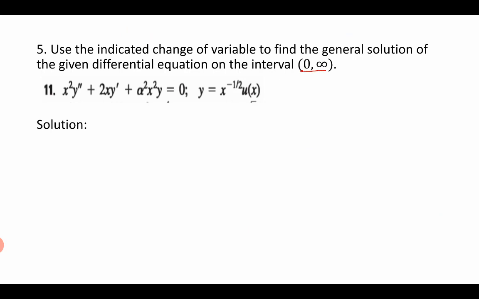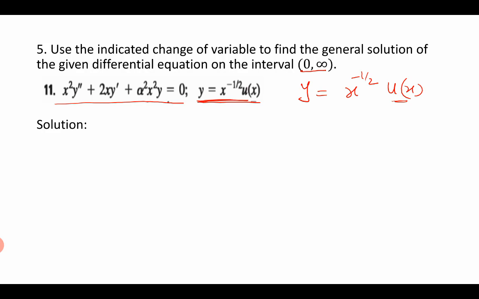We have to substitute y is equal to x to the power negative half u of x. Convert this differential equation into any of the known forms of Bessel's differential equation and write a general solution, isn't it? So we have to convert. Instead of y, the answer will be in u, so we will be back to y again.